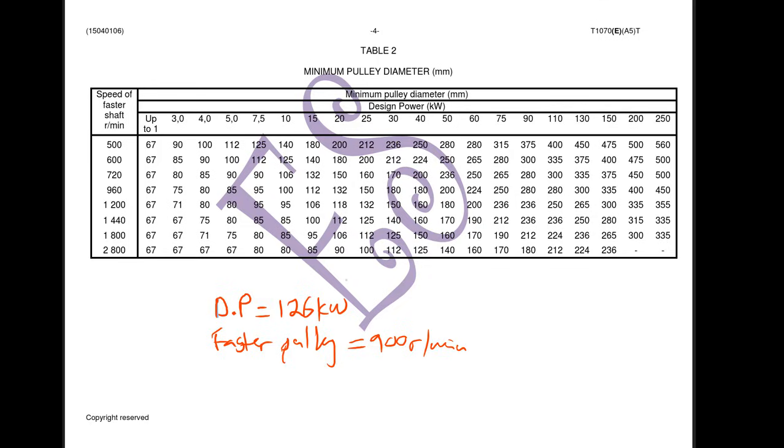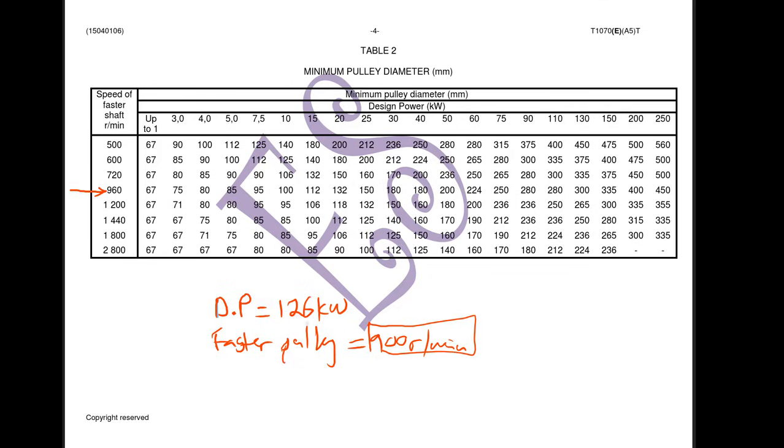So with this information, I now have to look under the faster pulley for 900. There are three numbers I can consider: 720, 960, and 1200. I need the number that is closest to 900 rotations per minute, and as you can see, it is 960. Therefore, I will use 960 rotations per minute.